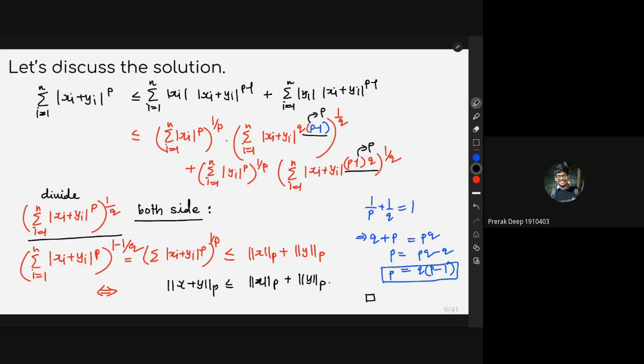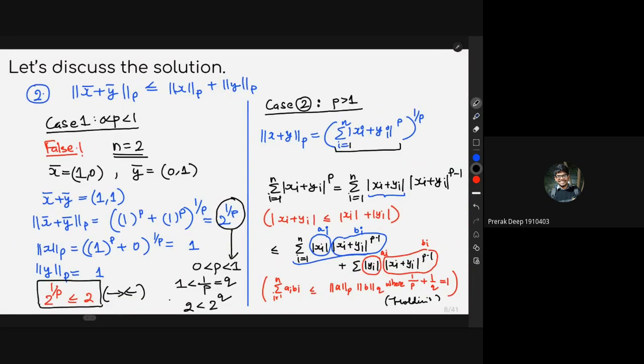Now you may ask, why can't we apply this Holder's inequality in the case when p is between 0 and 1? The answer is simple: because you don't have a Holder's inequality in that dimension.